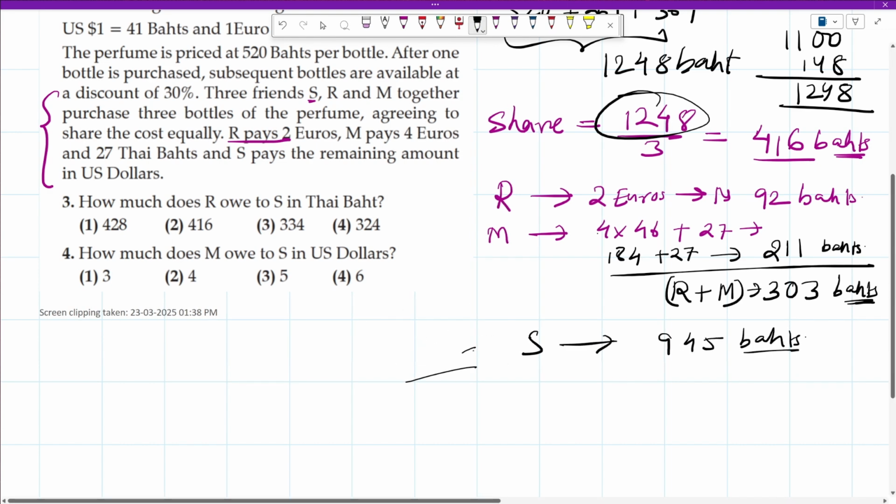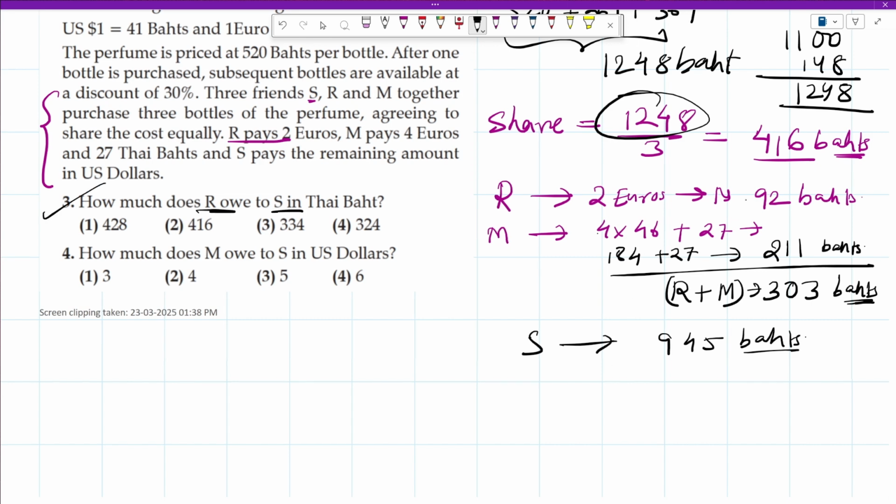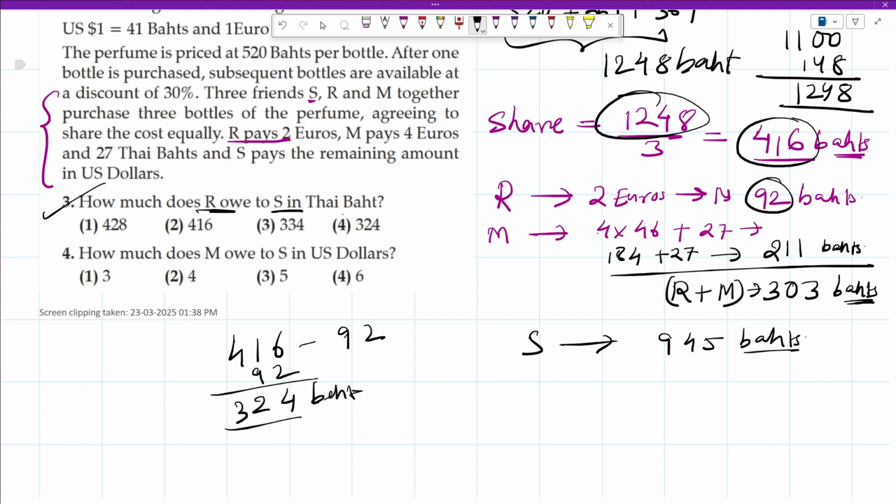Now the straightforward question: how much does R owe to S in Thai baht? 92 he has paid, the rest of 416 he will pay. So 416 minus 92 is 324 baht. This is the answer.